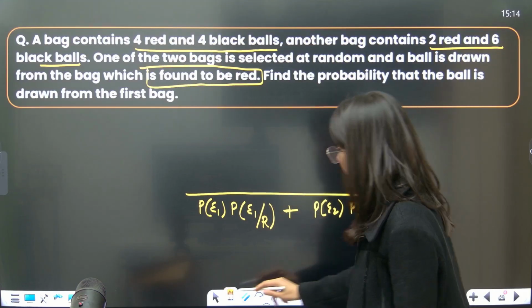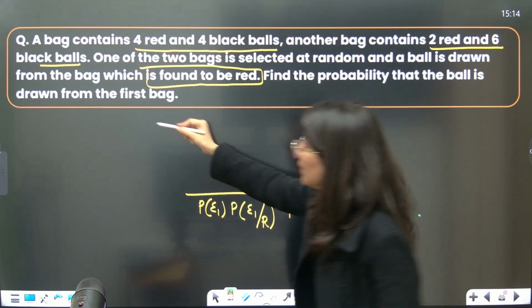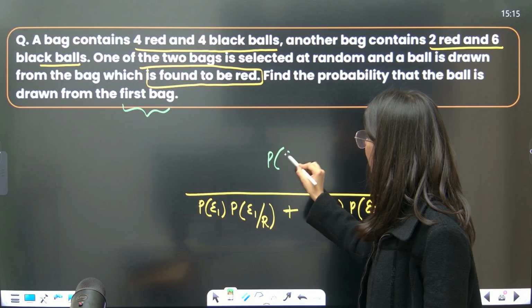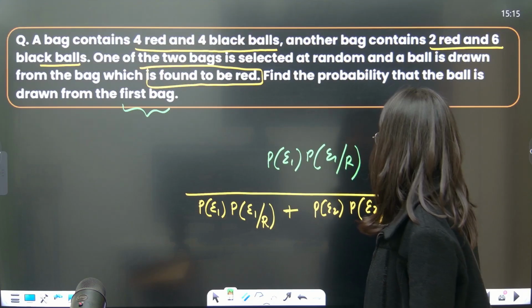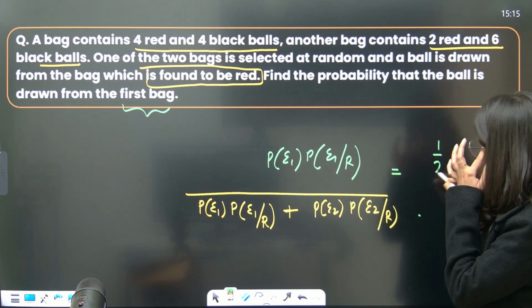Now, this is the denominator, right? The numerator will obviously have the favorable outcome. So the first bag is what they are asking. So probability of E1 given R, E1 slash R. Now probability of E1 will be half because 2 bags are there.